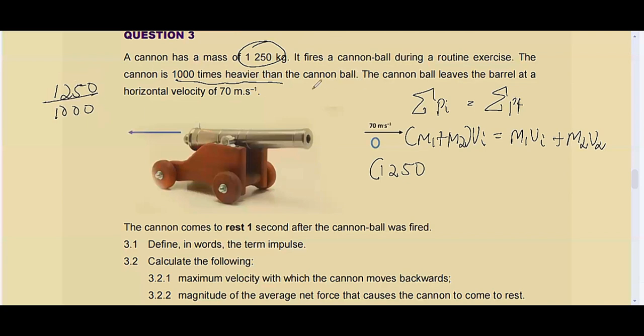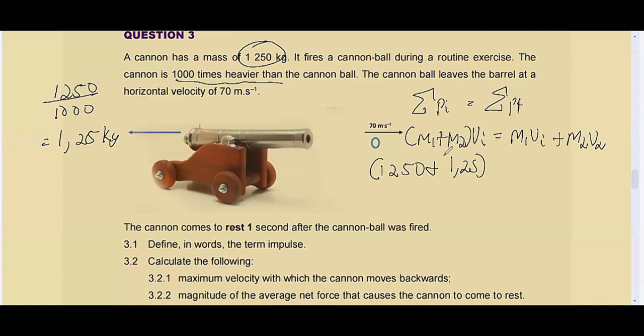Now we find that that's 1.25 kg, right? So 1,250 kg is 1,000 times greater than 1.25 kg. Hope that makes sense. Then plus 1.25.